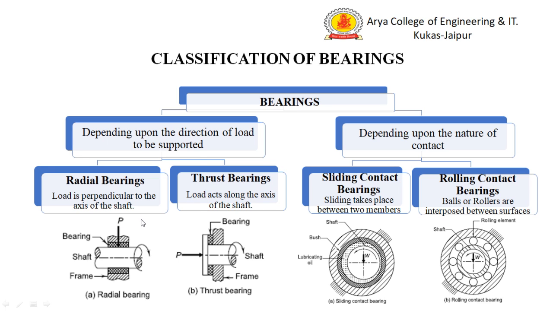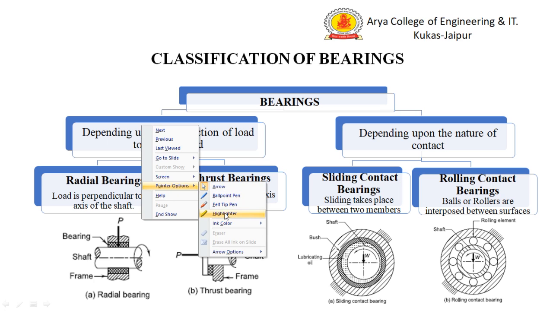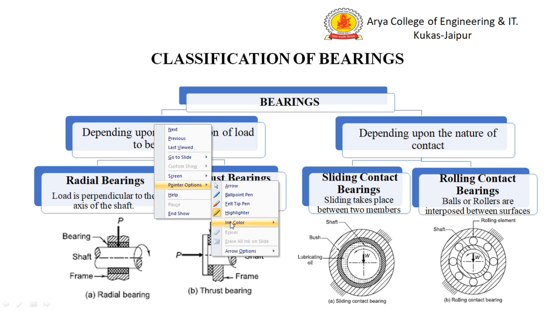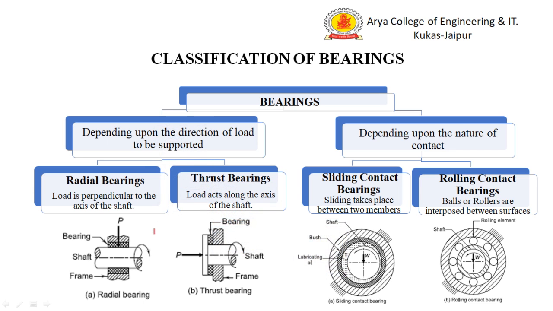As shown in figure, in radial bearing, the load is perpendicular to the axis of the shaft.